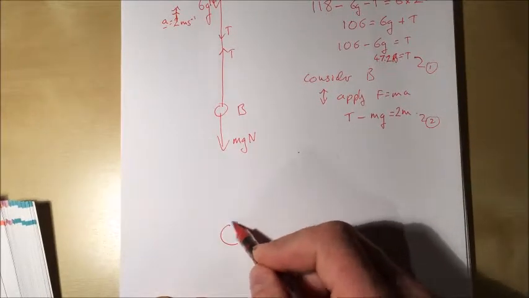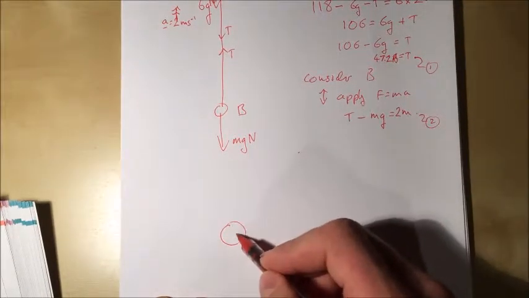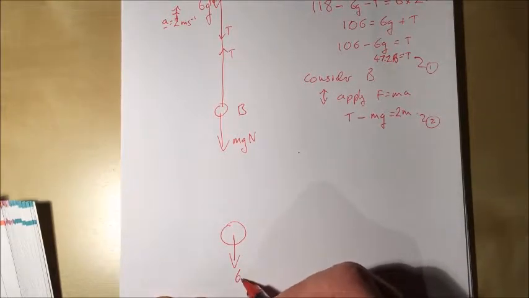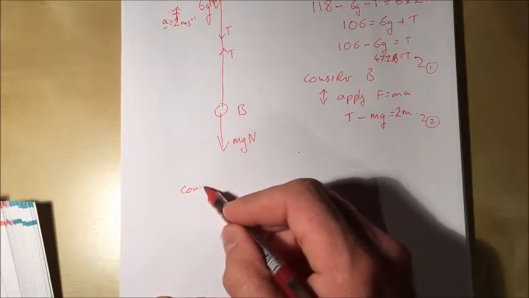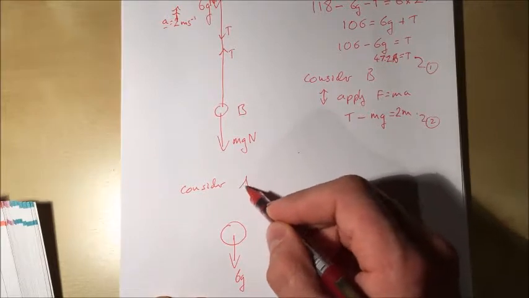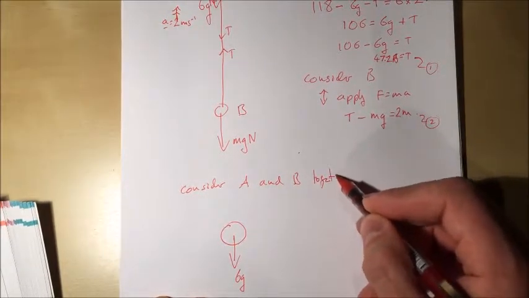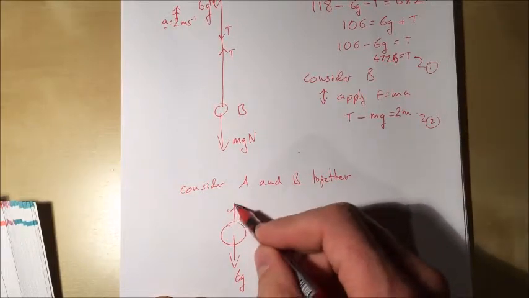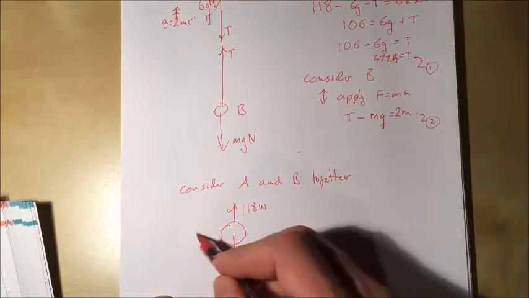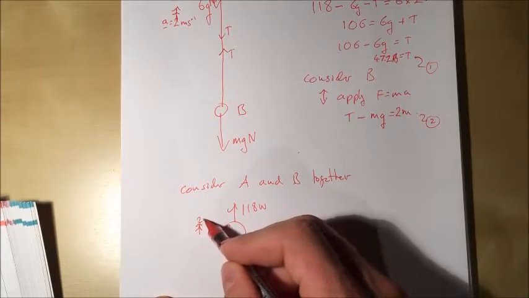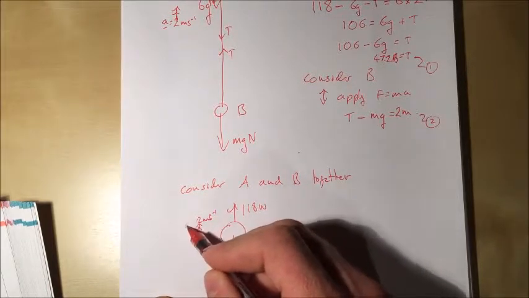So we'd say A and B together. If we consider them as one particle, then we have 6g pulling down, 118 newtons pulling up, and an acceleration of 2 meters per second squared.